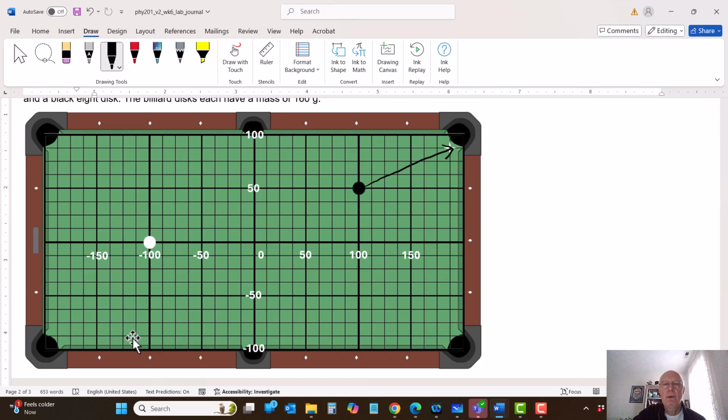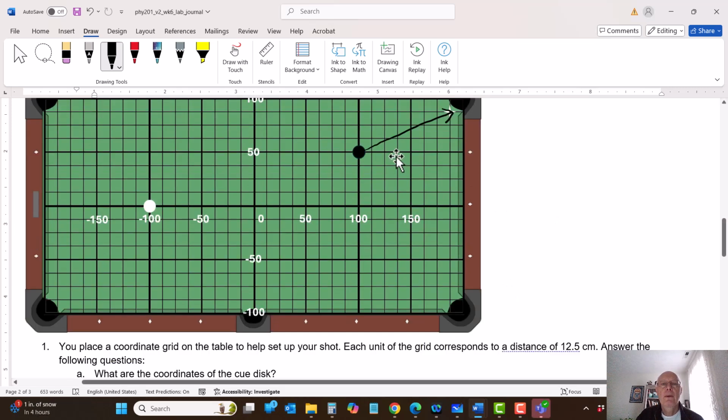So all we have to do is define it by the displacement from the 8 disk to the white star marker. All we have to do is count the number of squares, multiply that by 12 and a half to get the x component, and then the number of vertical squares times 12 and a half to get the y component.